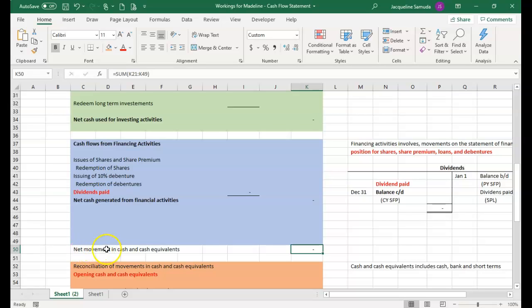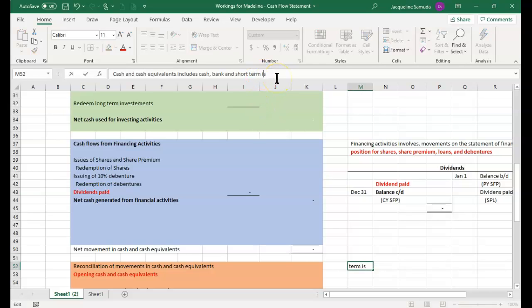Now, I did not explain the term cash equivalents, but over here, I had noted it last time we met, and it says cash and the cash equivalents will include cash that is found in the office, money that is kept in the company's bank account, and short-term investments.